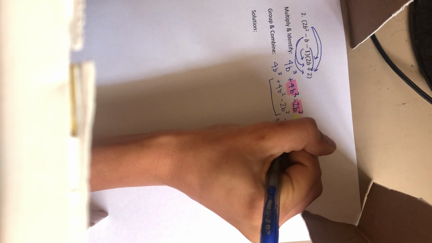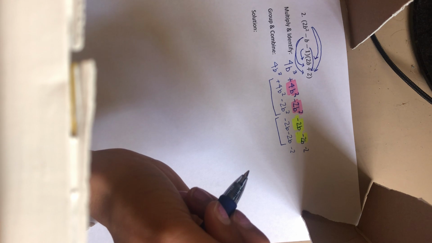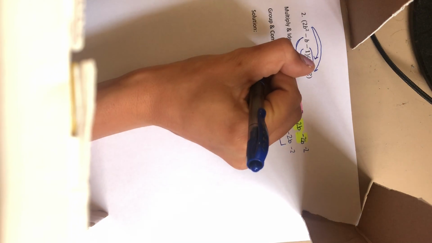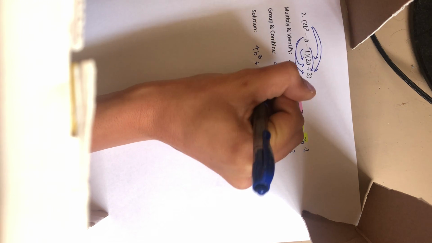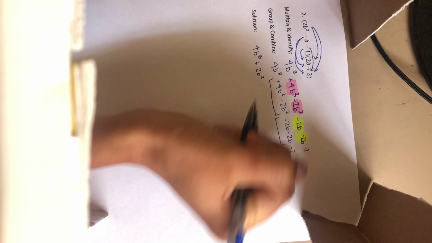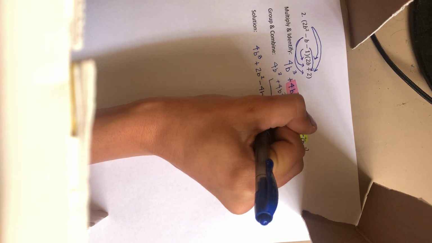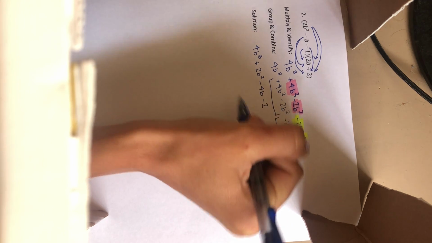Combine our b squareds and our b's. All right, so combine them together to give us our solution of 4b cubed plus 2b squared minus 4b minus 2.